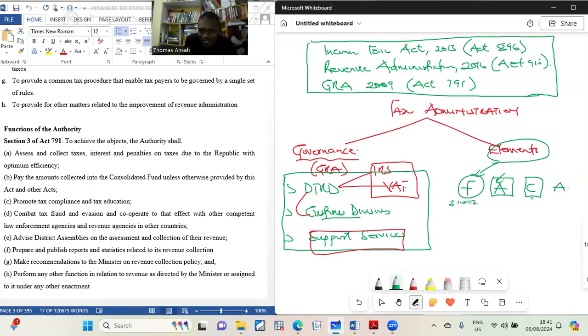After you have calculated it, what will you do? Collect the tax. Exactly. So C is collection of tax assessed. Then the last A will be accounting for the tax assessed. So you have to account to us how much you collected. Those are the things we will be learning, and they form the functions of the tax authority.